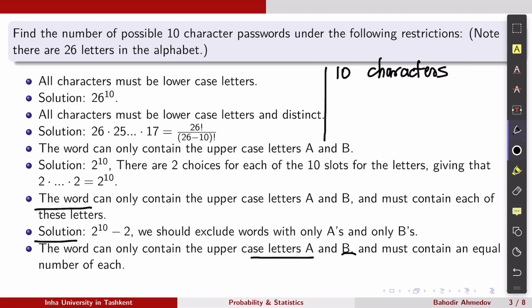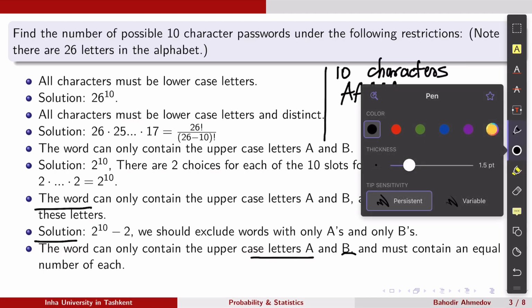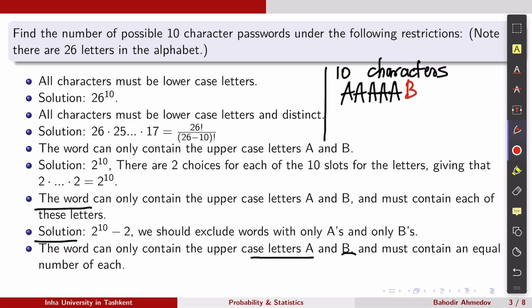We might have only 2 A's or 3 A's, and we needed to include all of these cases. While in the last case it is already given that we need to have 5 A's, 1, 2, 3, 4, 5, and also we need to have 5 B's, 1, 2, 3, 4, 5, right?